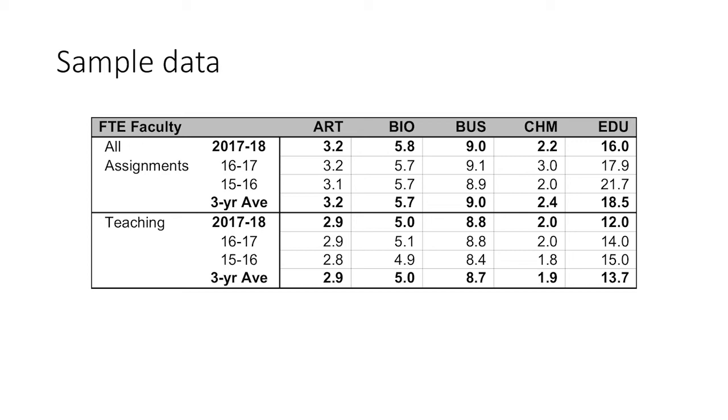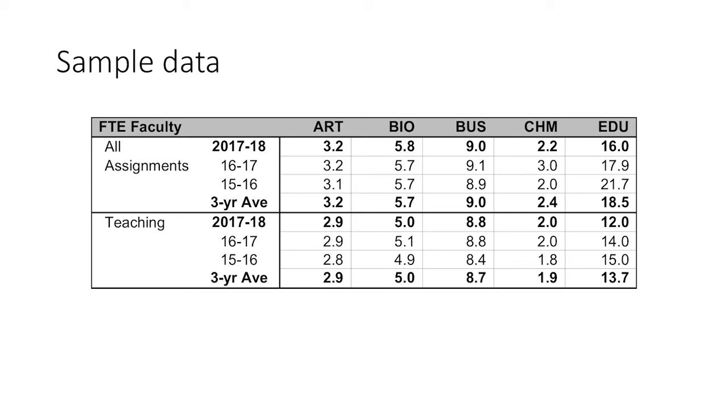So remember earlier I said that administrative assignments also carry load credit. And we can distinguish between all assignments that include administrative assignments and teaching assignments, and we can distinguish between teaching assignments only. So in the top category on the sample data page, you can see, first we look at full-time equivalent faculty for all assignments, administrative assignments, teaching assignments, everything that people get load credit for.